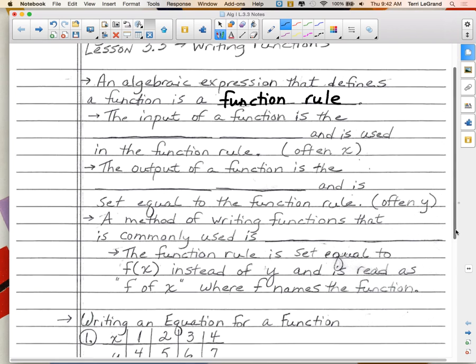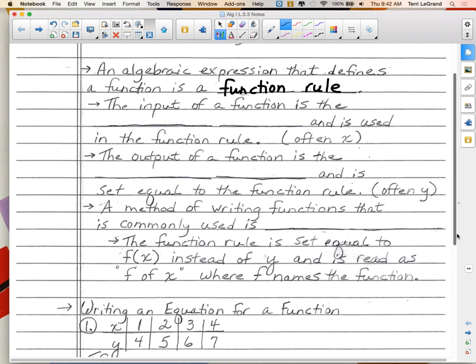When we talk about the input of a function, in other words, we put something into the rule, we call that the independent variable. So the input of the function, so when we put something into the function rule, that is our independent variable.